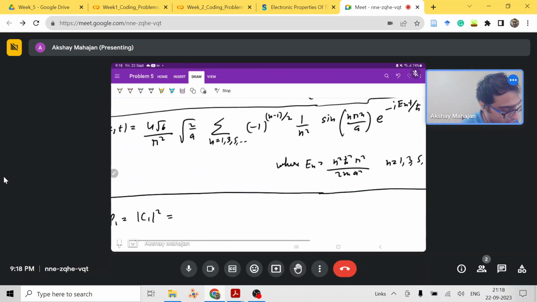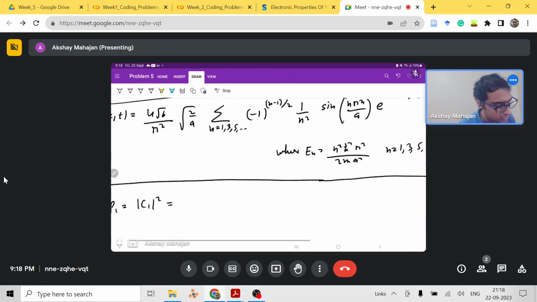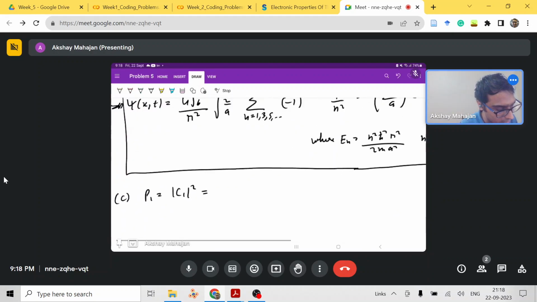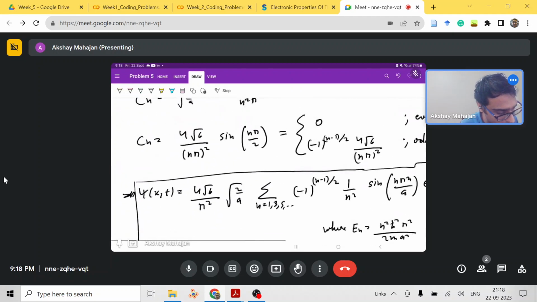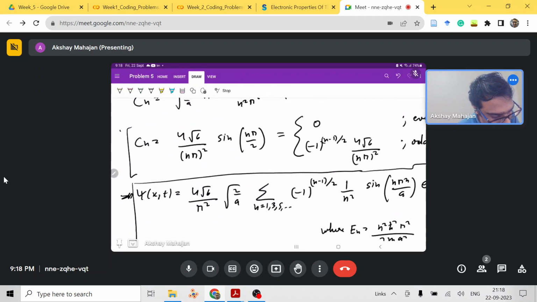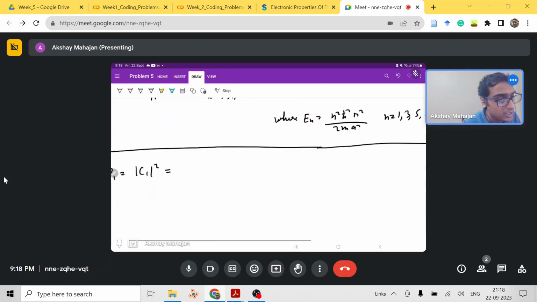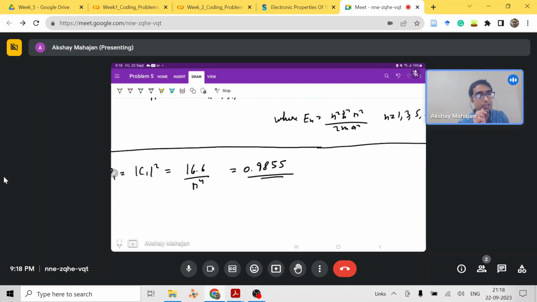We just have to put n equals 1 in the formula for Cn. From here C1 becomes 16.6 divided by pi to the power 4, which is equal to 0.9855.